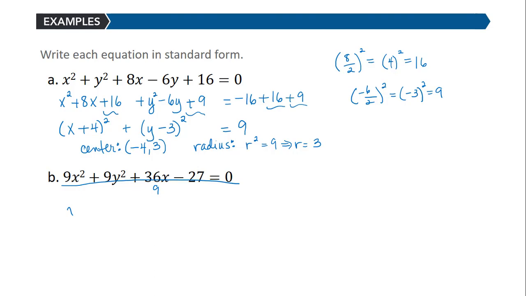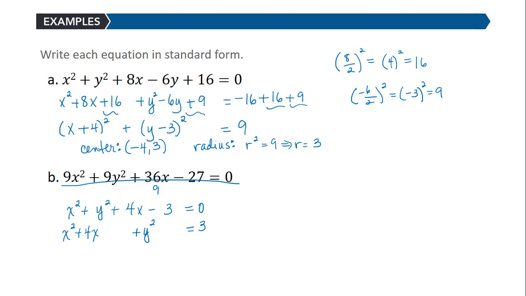So I'm going to get x squared plus y squared, 36 divided by 9 is 4x, minus 27 divided by 9 is 3, equals 0 divided by 9 is 0. Now I'm going to group the x squared plus 4x, leave a space, plus y squared, and then I'm going to add the 3 to the other side.